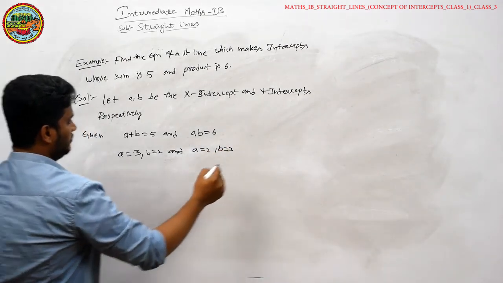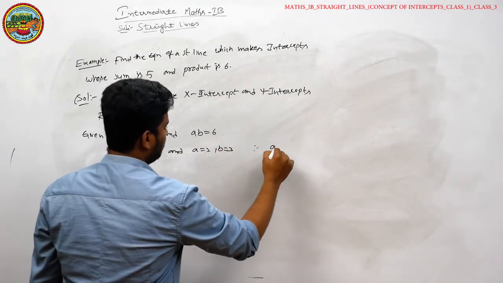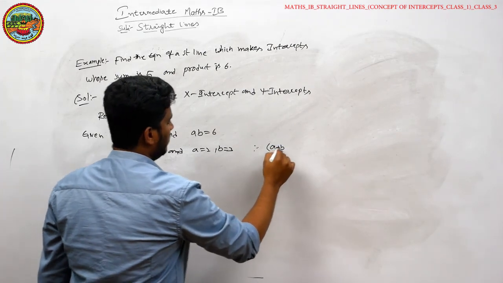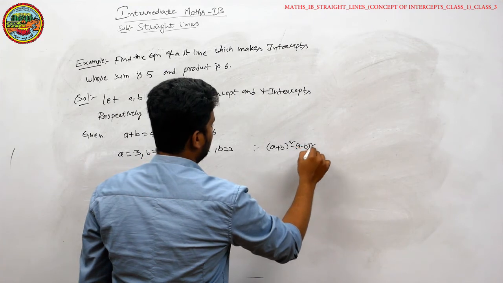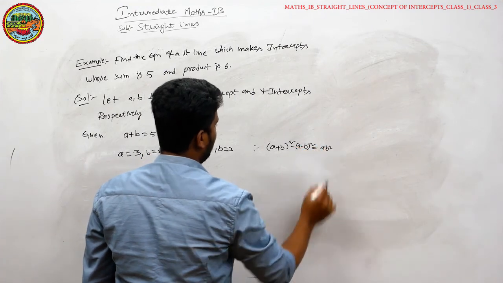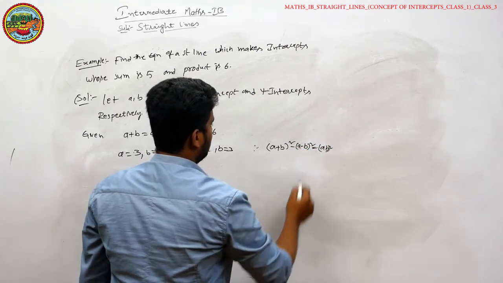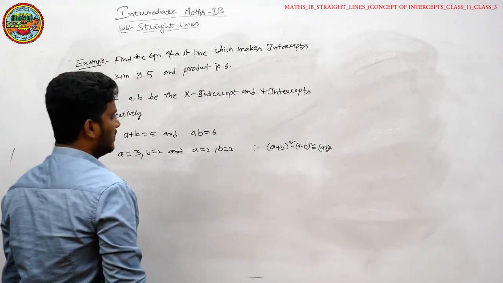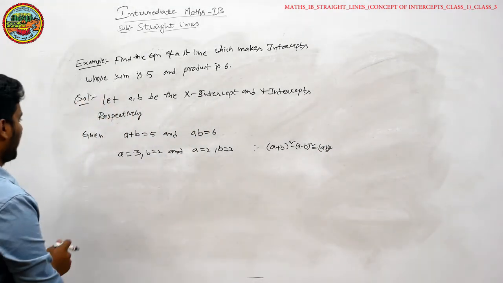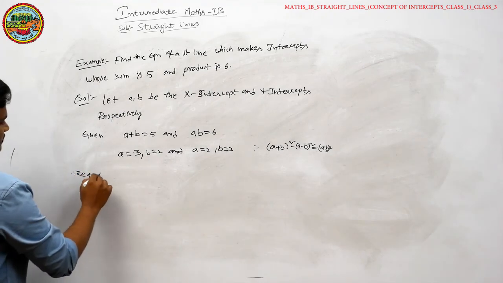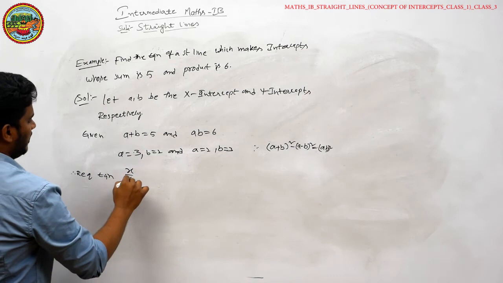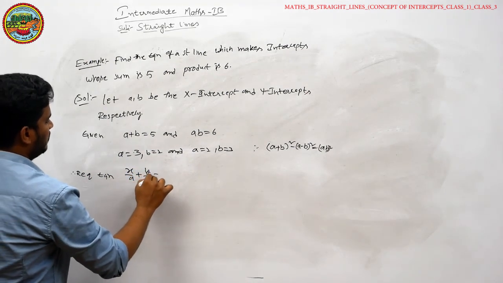Since a plus b whole square minus a minus b whole square is equal to 4ab, by using this formula we get these values. So now the required equations are x by a plus y by b is equal to 1.